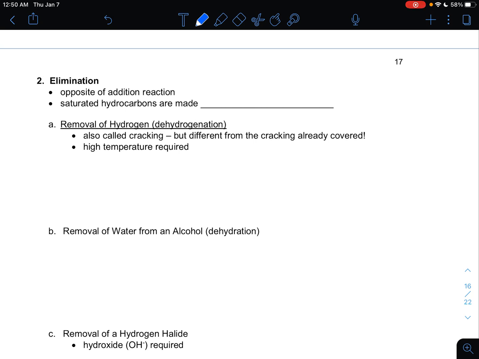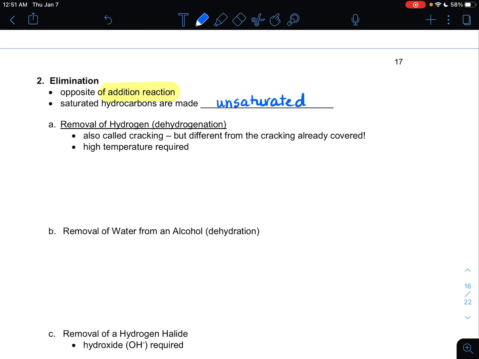So what are these elimination reactions? What do they look like? We'll look at alcohol as one way of doing this, but we'll also show you some other means of getting elimination reactions to occur. So the first thing you need to know is that elimination reactions are the exact opposite of addition. We're going to take a saturated hydrocarbon and make it an unsaturated hydrocarbon.